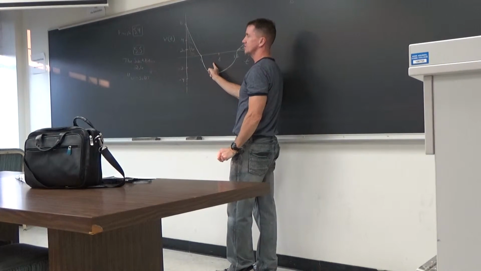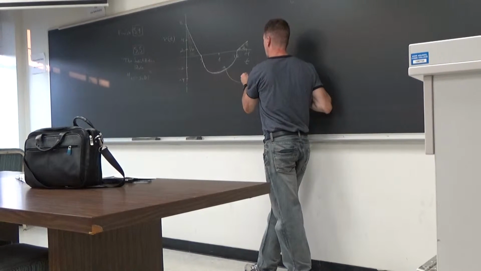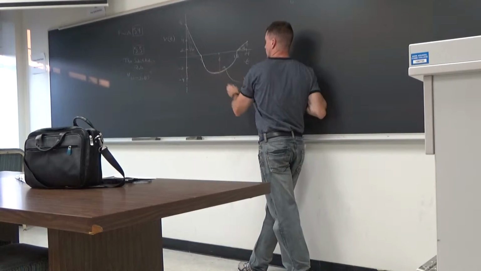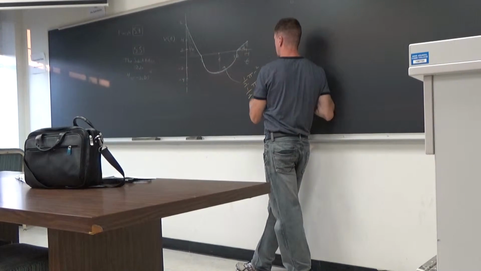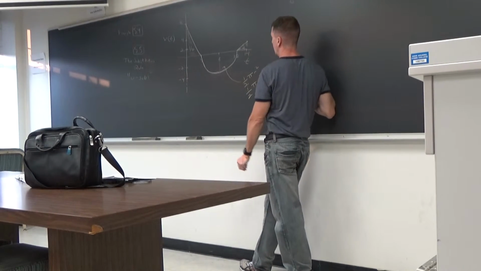The area of a circle is pi r squared. This is half a circle, so half pi r squared. The radius is 4. Half pi times 4 squared. What's that? 8 pi.